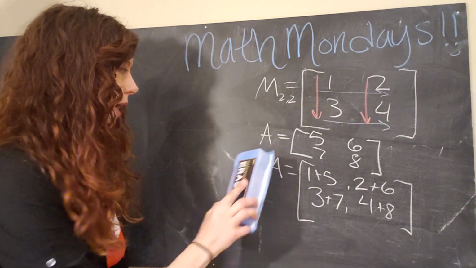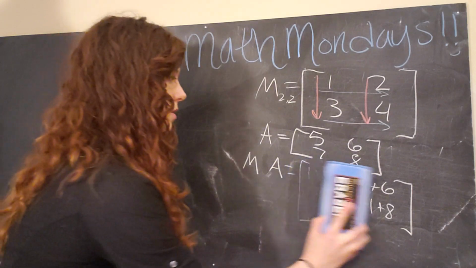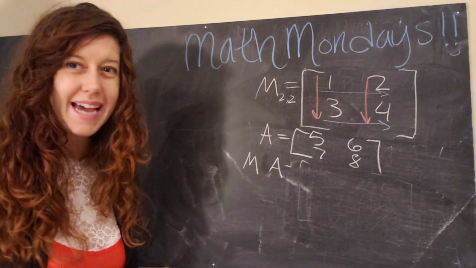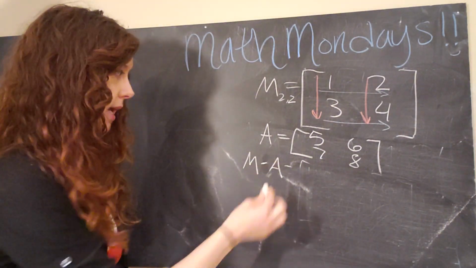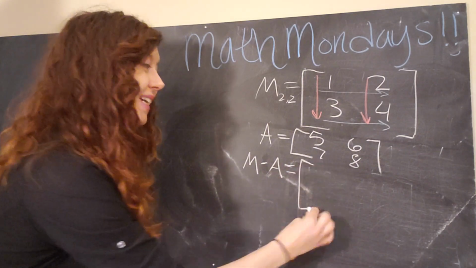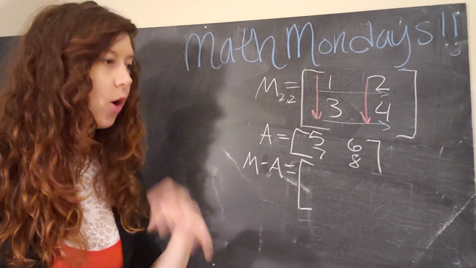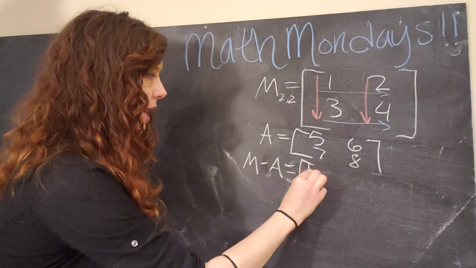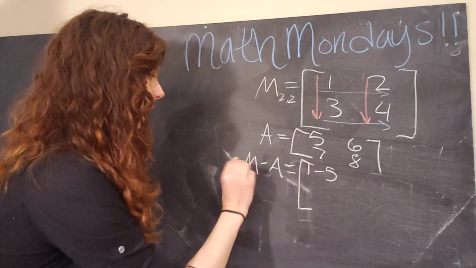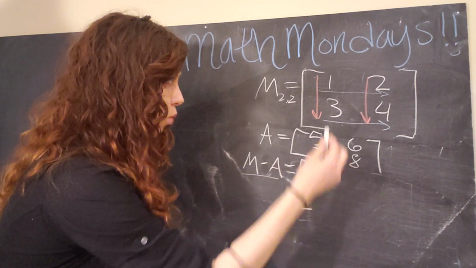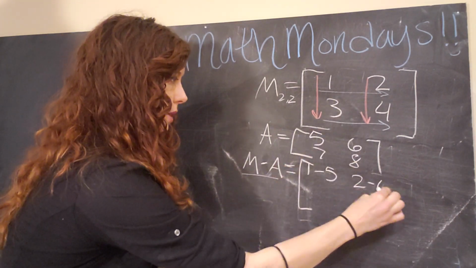We can also ask, what is M minus A? And we do the exact same thing, but we just switch the sign on the operation. So we would ask, what is M minus A by writing it out? 1 minus 5, 2 minus 6.